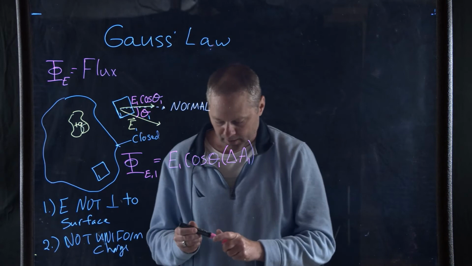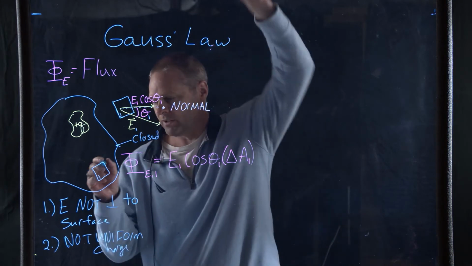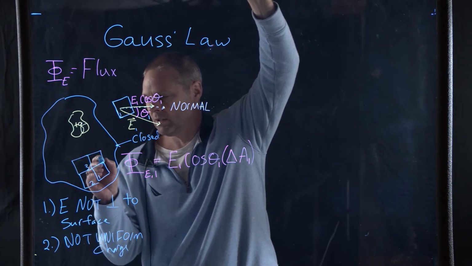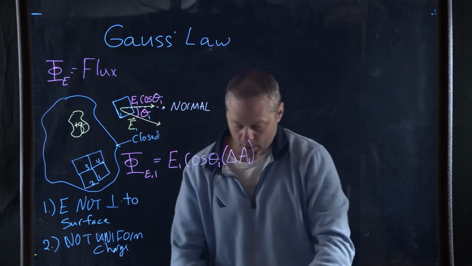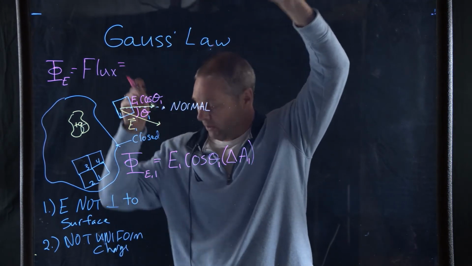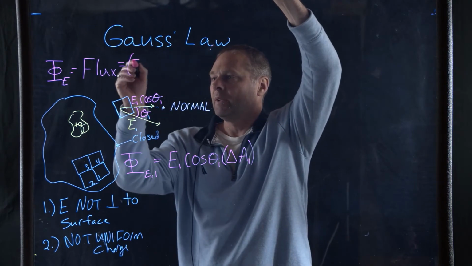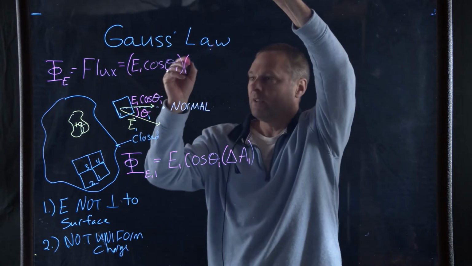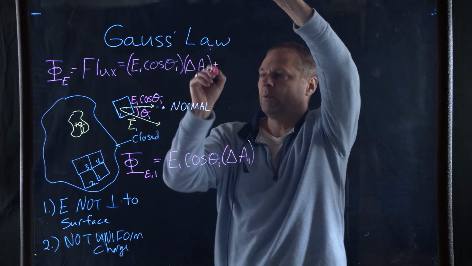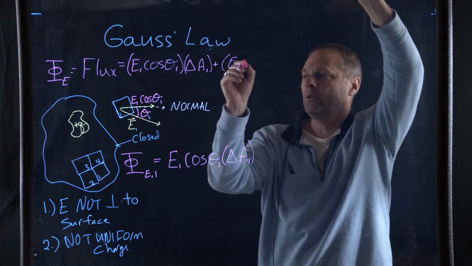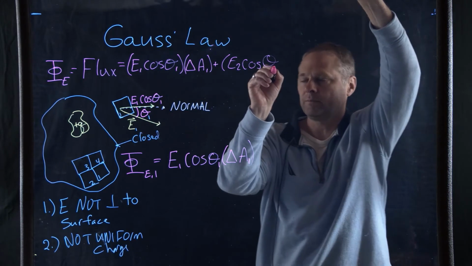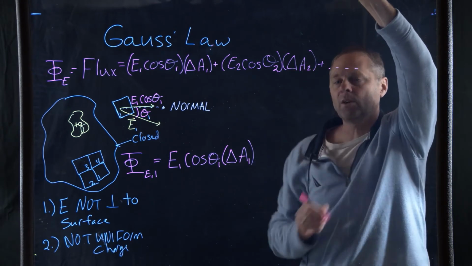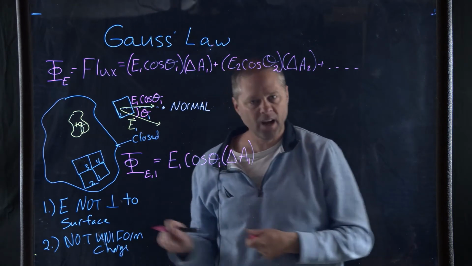If we have a lot of these surfaces, we can write our flux as E1 cosine theta 1 times area 1, plus E2 cosine theta 2 times the area of 2. And you can see how this is going to go on and on.